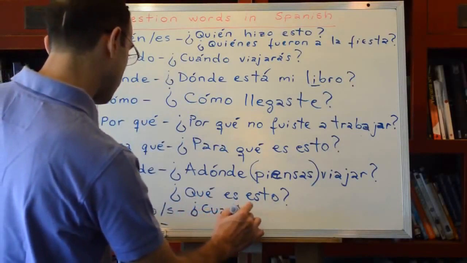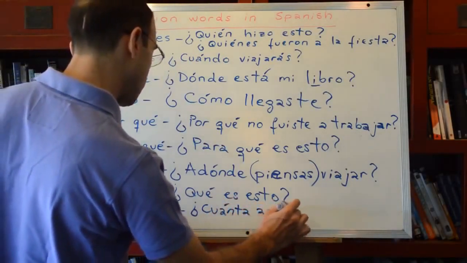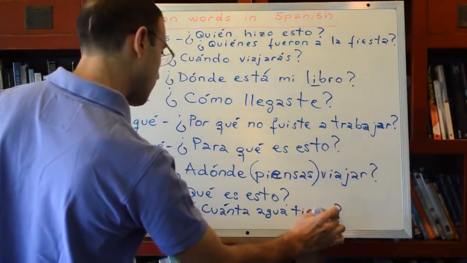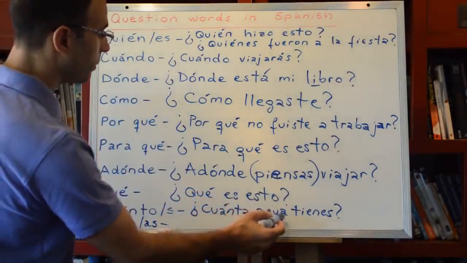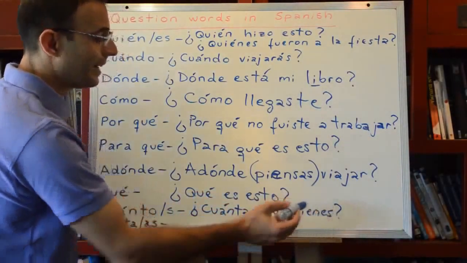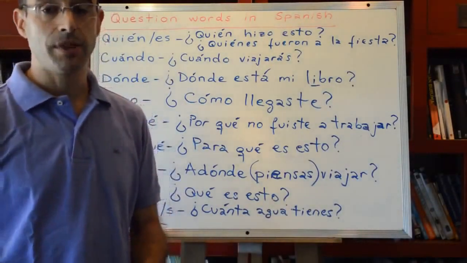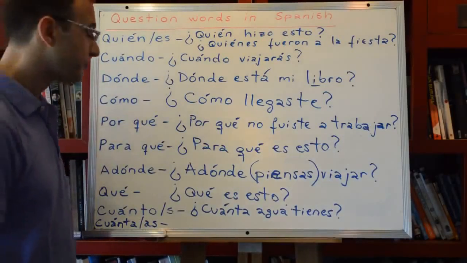¿Cuánta agua tienes? How much water do you have? Tienes is the verb tener. Tener means to have, okay? ¿Cuánta agua tienes?